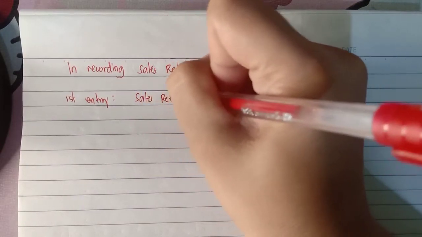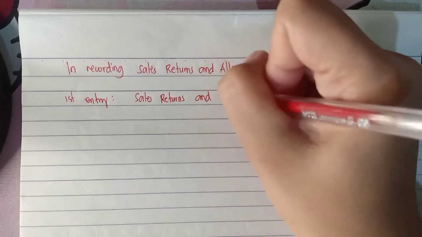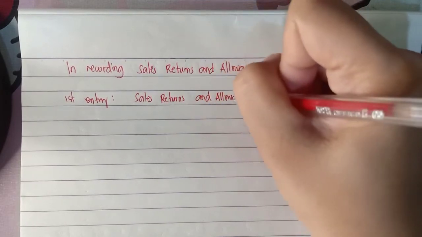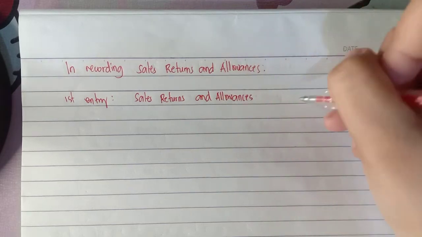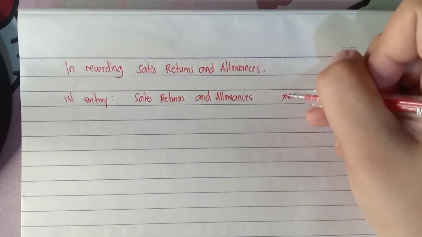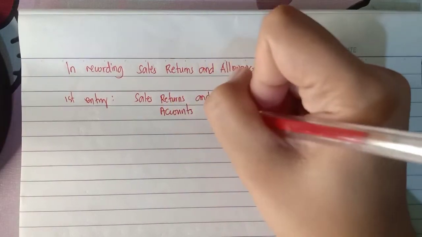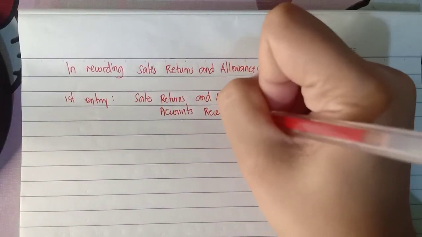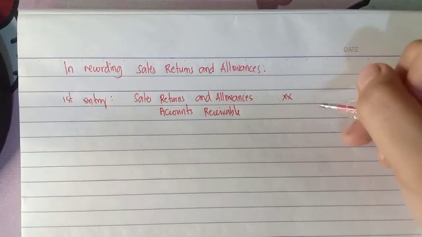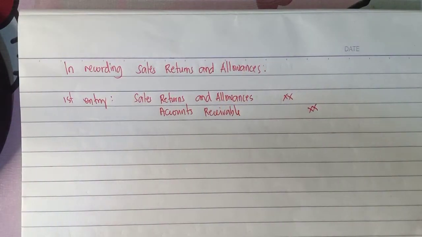Next, we have to credit the accounts receivable, kasi ibinalik ng customer, meron siyang ibinalik na merchandise. So, kaya yung accounts receivable natin na debit kanina is credit na ngayon kasi the accounts receivable decreased.